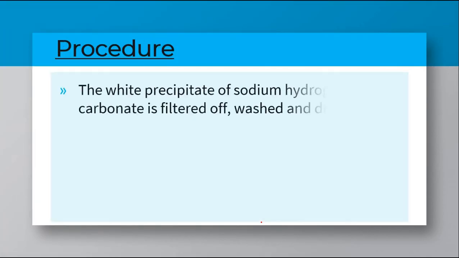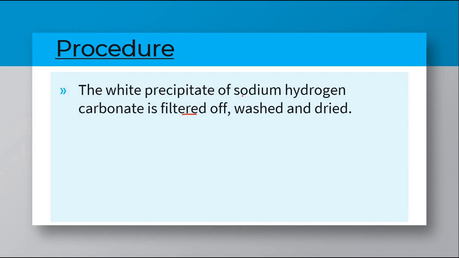Having formed our sodium hydrogen carbonate, the white precipitate of sodium hydrogen carbonate is filtered off, washed and dried. Remember, when we are forming it, there was also some sodium hydroxide that didn't form sodium hydrogen carbonate.